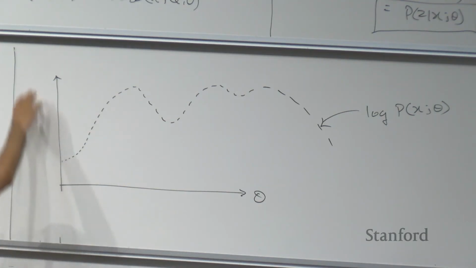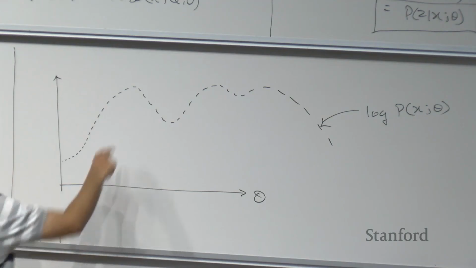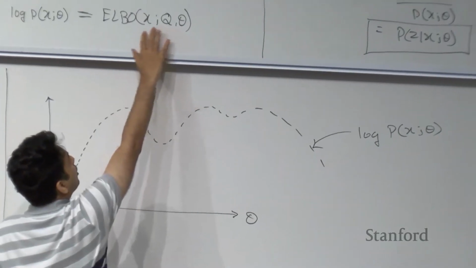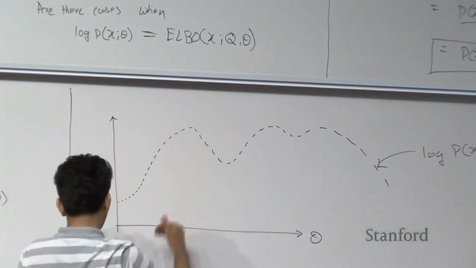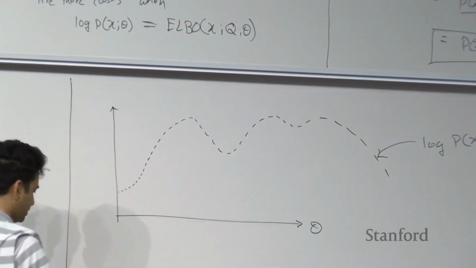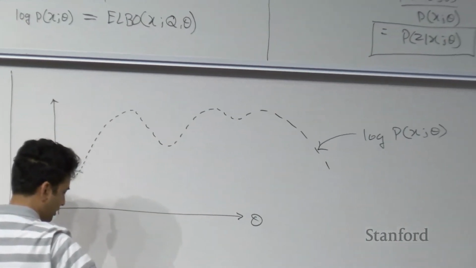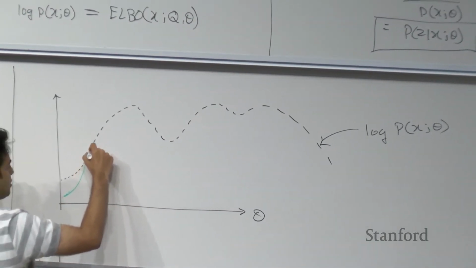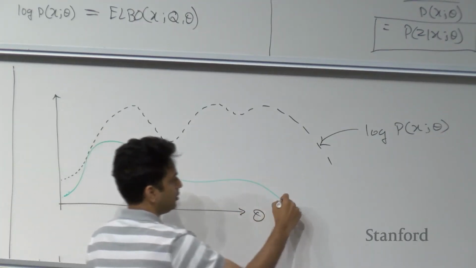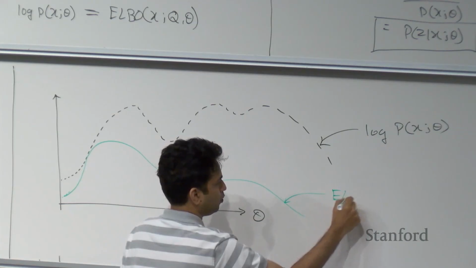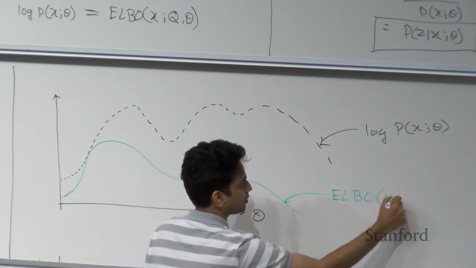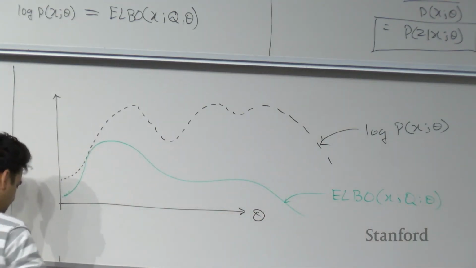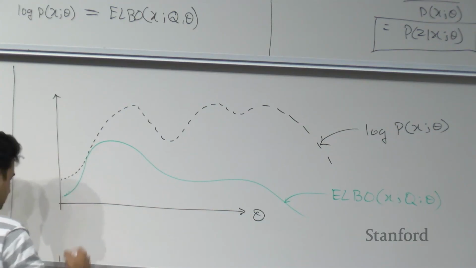And what we got from this ELBO is that for any given value of q, the ELBO of x for q and theta will always be less than or equal to log p of x. That's what Jensen's inequality gave us. So this is one possible ELBO of x, q and theta, and let's consider another ELBO.